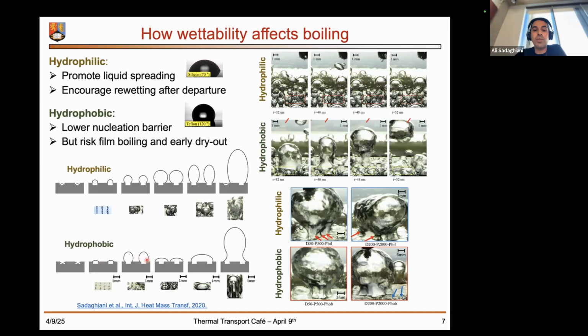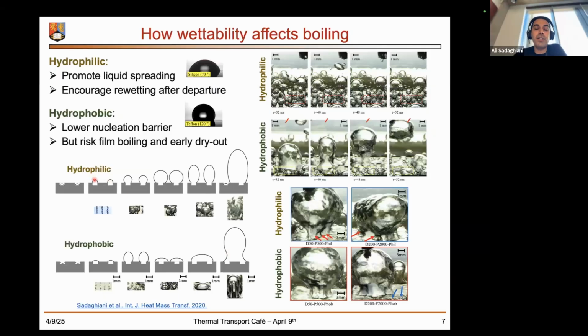After inception, we observe bubbles forming and spreading on the superheated surface. And at the end of the bubble cycle, I mean the inception, growth, and departure, we observe a large vapor column forming perpendicular to the superheated surface.